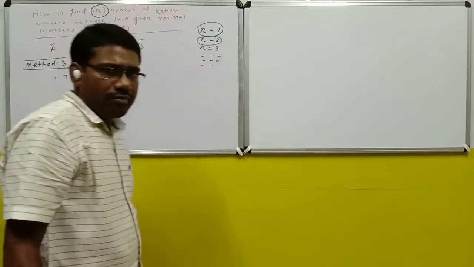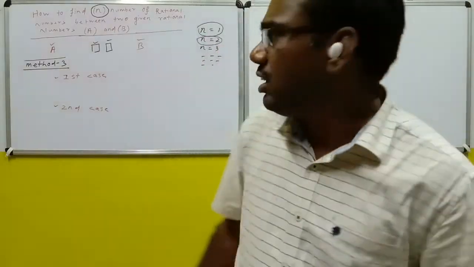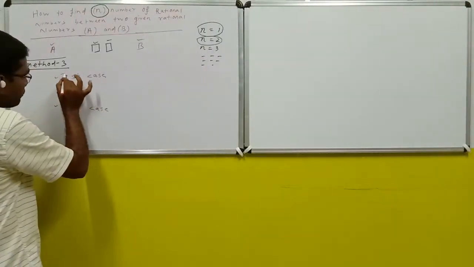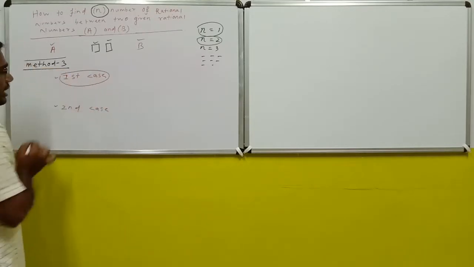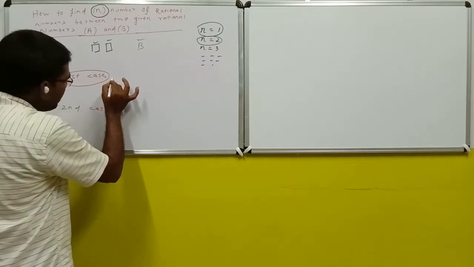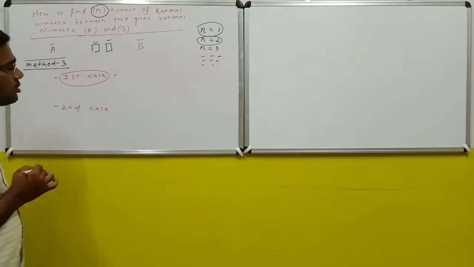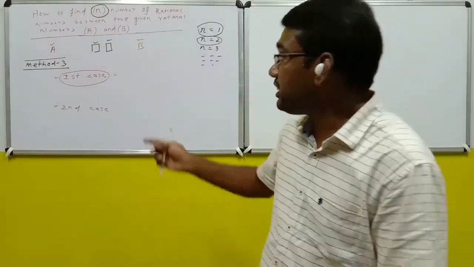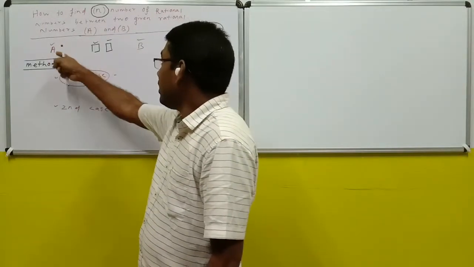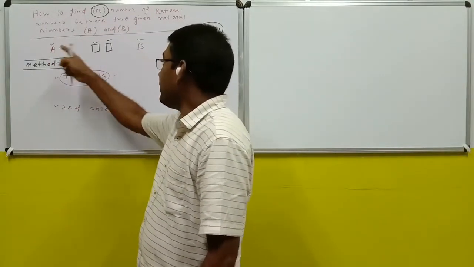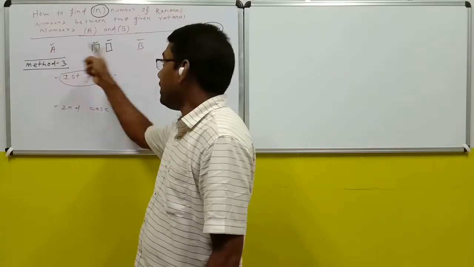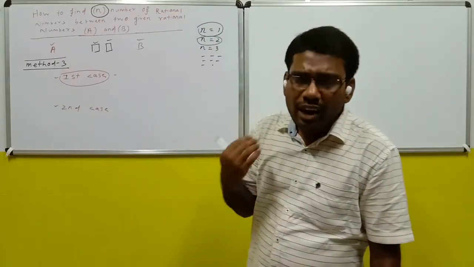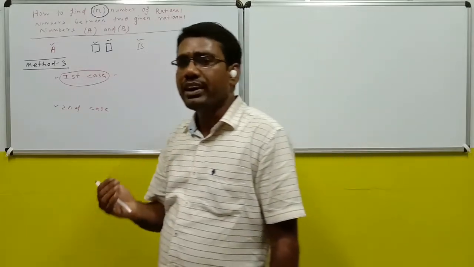The first case is when your given rational numbers a and b are consecutive and having like denominators.